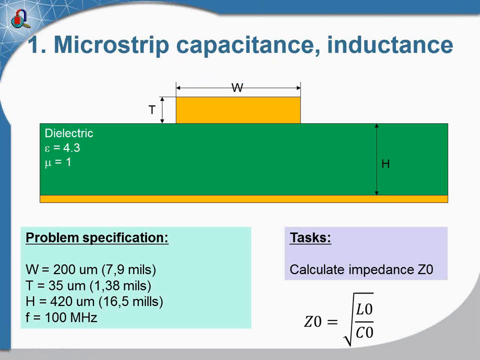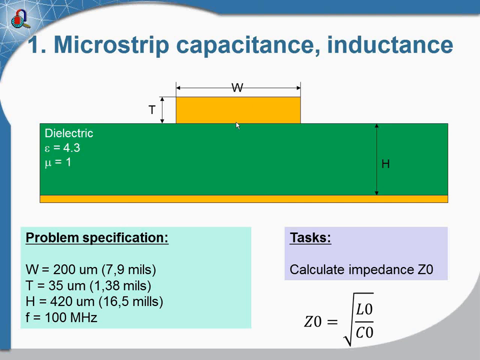Now here is the first example. This is the microstrip line. It consists of a copper trace laid on the dielectric layer, and there is the grounded reference plate on the other side of the dielectric.